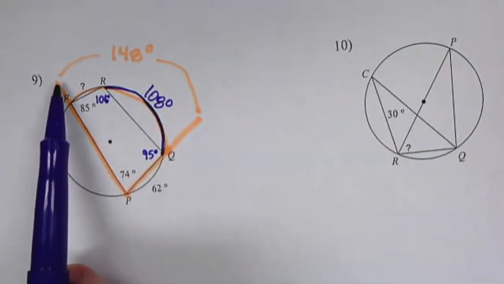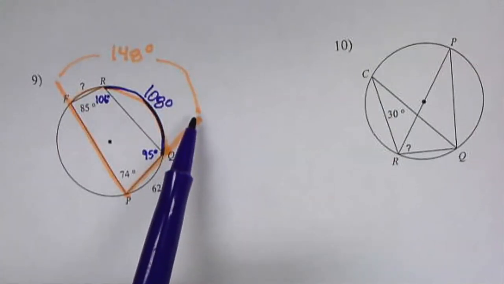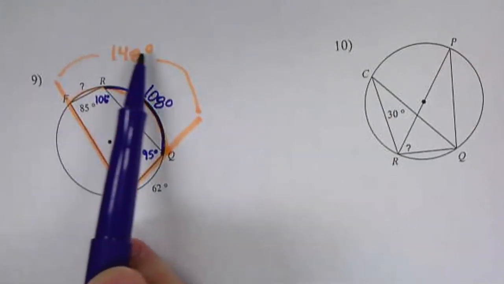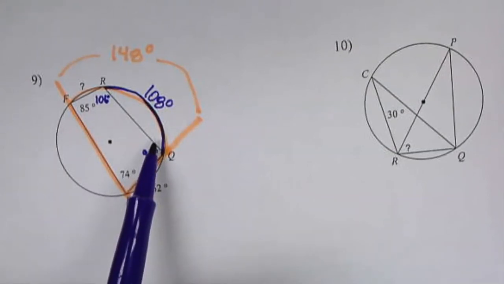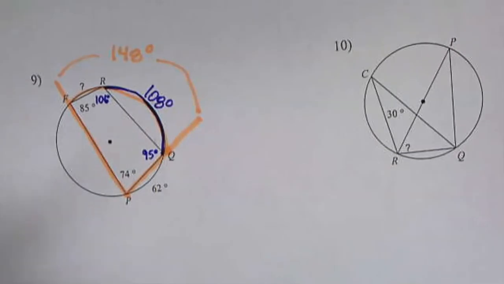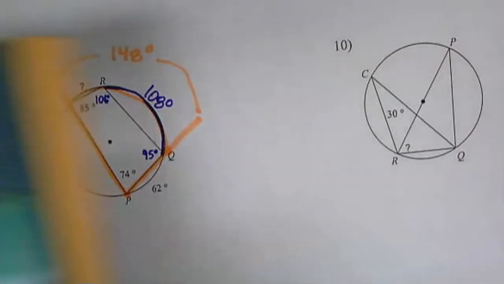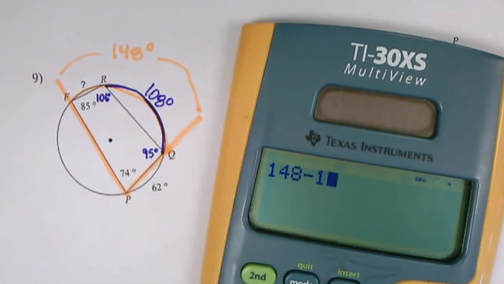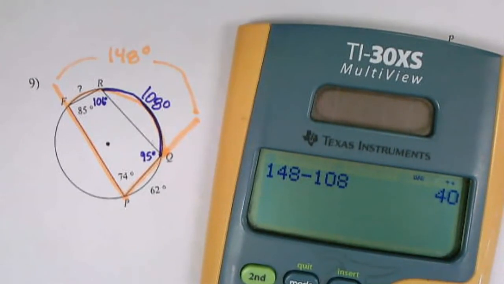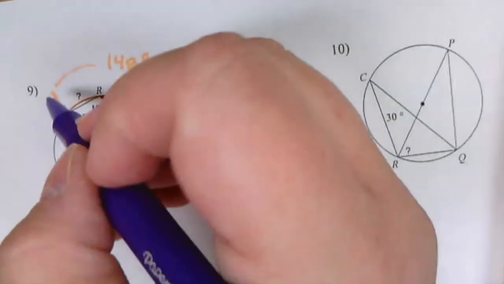And remember, we already knew from F to Q is 148. So if F over to Q is 148 and this part of that is 108, I can subtract and I'll know how far it is in degrees from F to R. And so I'm going to do 148 minus 108 and I get 40 degrees. So the measure of arc FR is 40 degrees right here.